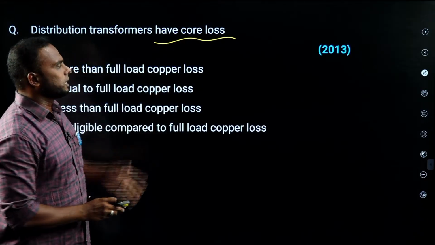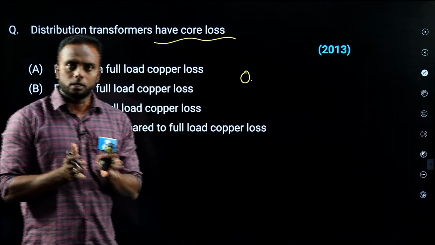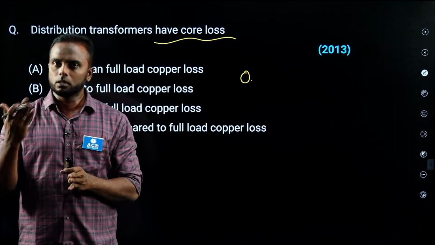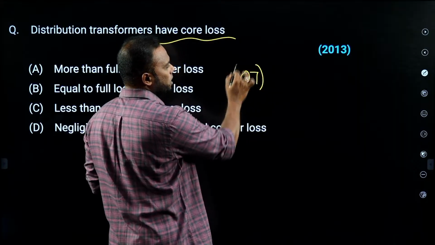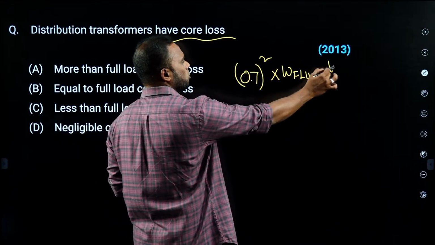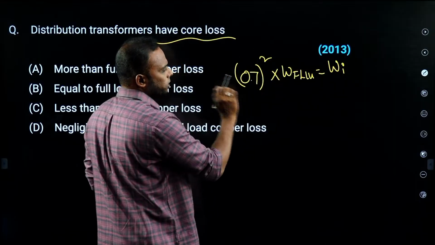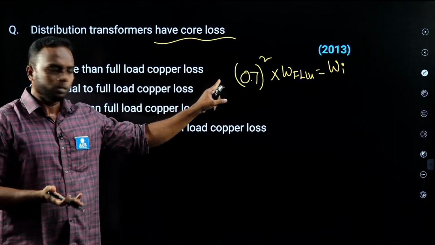But for a distribution transformer, that x is approximately 0.7 to 0.8, that is 70 to 80%, where we get maximum efficiency, no? So if you take 0.7 approximately, x squared times full load copper loss is equal to core or iron loss. Then what is 0.7 squared? Approximately 0.49 or 0.5, that is 1/2.